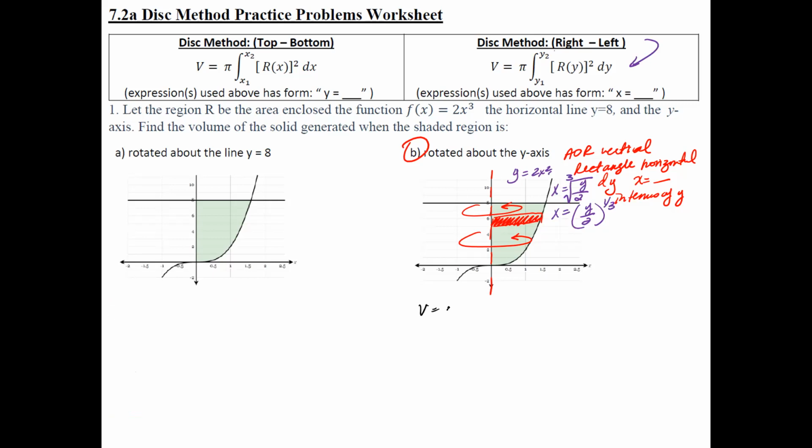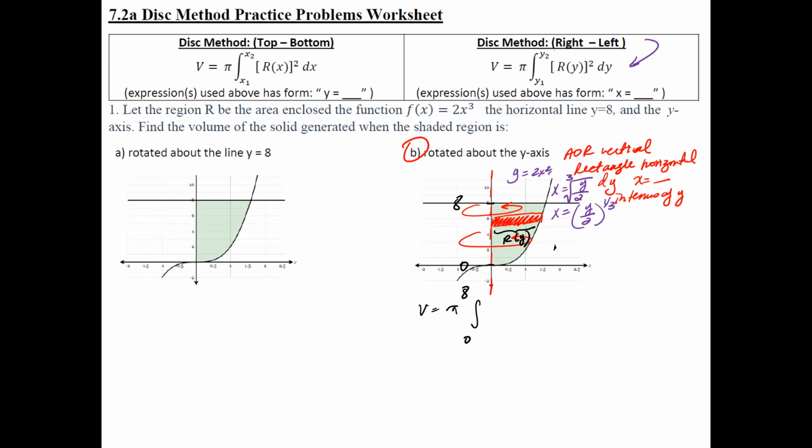So I have volume equals pi integral, and here it's from 0, and I think it goes up to 8, so 0 to 8. And then remember, you have r of y, which is going to be the radius of the bar right here, or the height of this rectangular bar.